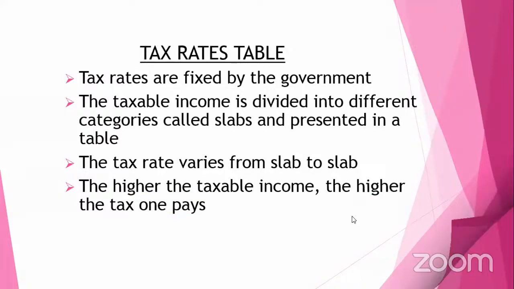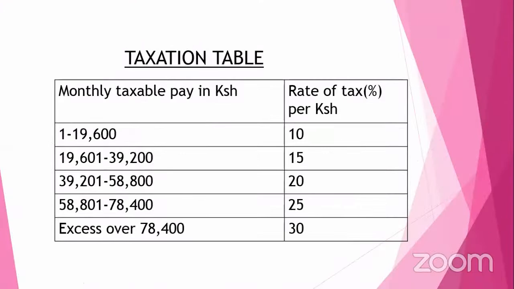Next, we are looking now at taxation of that money using this kind of table. So we are given a taxation table that says from 1 shilling to 19,600 is taxed at that rate. Can you tax the money now that you got? Do that taxation process yourself now. Michael Maura, let's tax that money now using the amount that we got up here.